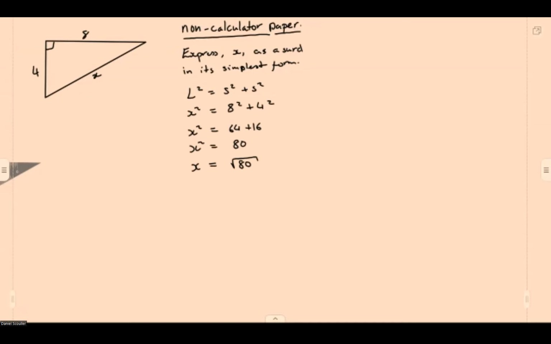Now remember what goes under a root. We're looking for two numbers that multiply together to give you that number. But for 80 that doesn't exist. 80 we can't root perfectly. Remember when we were doing these questions, what we're looking to do here is just simplify that as far as possible.